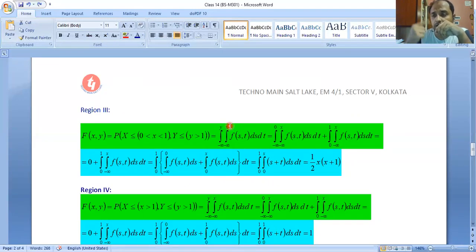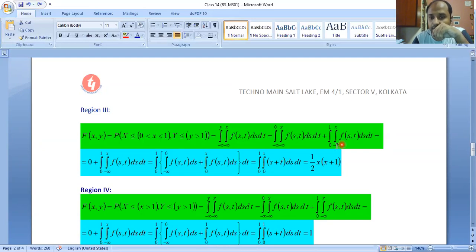But we do not need the concrete value, we need a functional form, because we are actually not calculating the probability, we are calculating the distribution function, and that function should be in terms of x and y. So that's why we are writing here y and x.